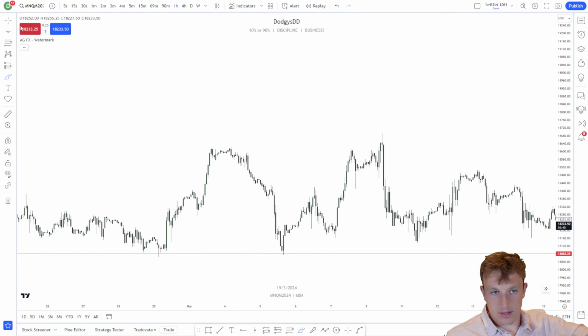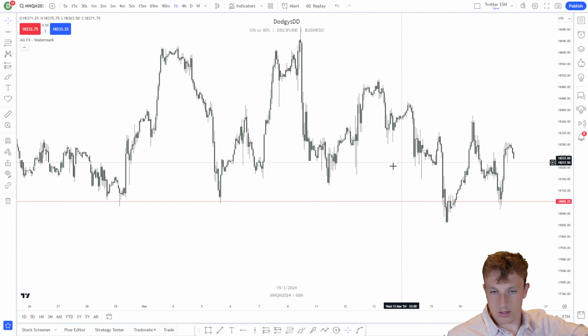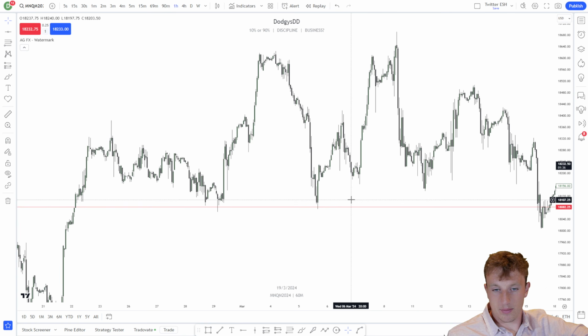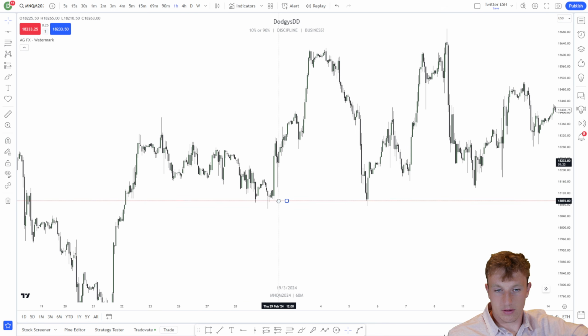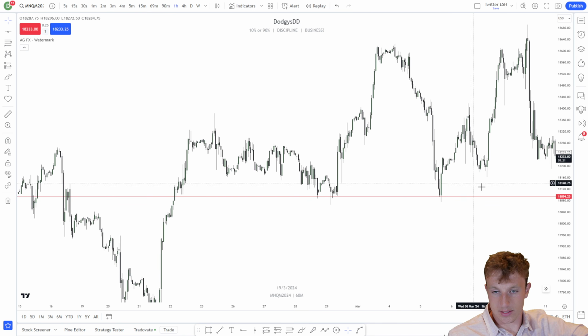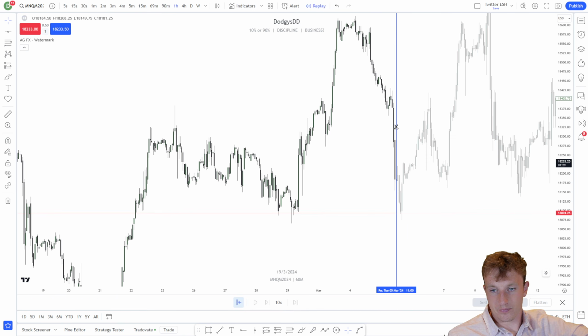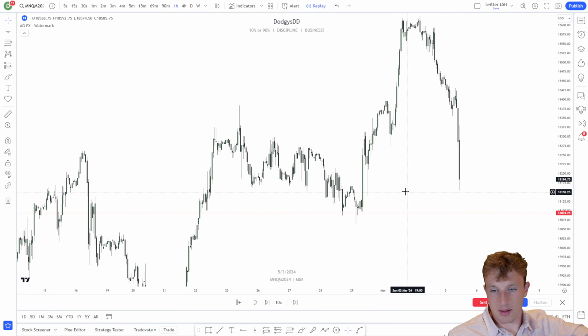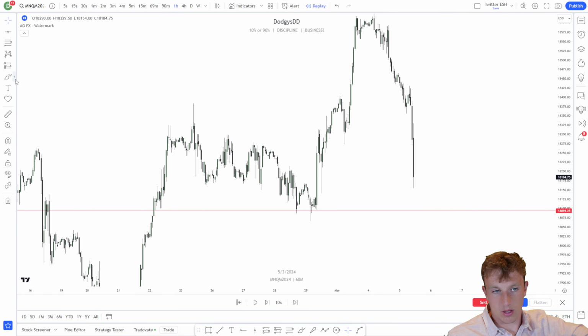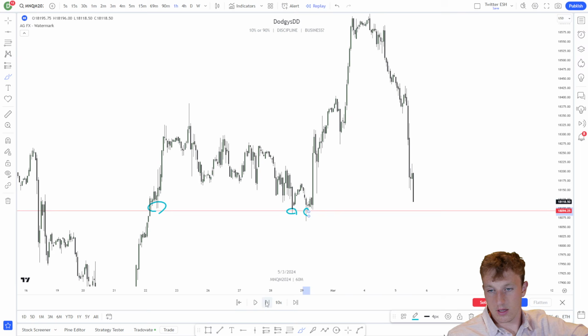So again, what most people do, like I said, is they'll look for some sort of support. Let's just say this line is support, and price is coming down to this level, and we think, oh, because price bounced off here, here, and here, we're going to bounce off it again. So you play price a little bit.